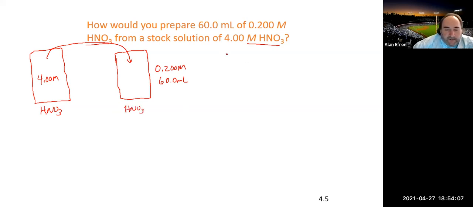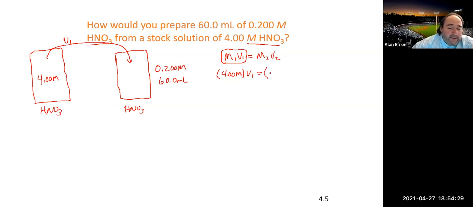So we will use our M1 V1 equals M2 V2. Again, the ones are usually the more concentrated, so that would be our 4 molar. V1 we don't know, because that's really what we're trying to find: how much to take out. We do know what we want to end up with.